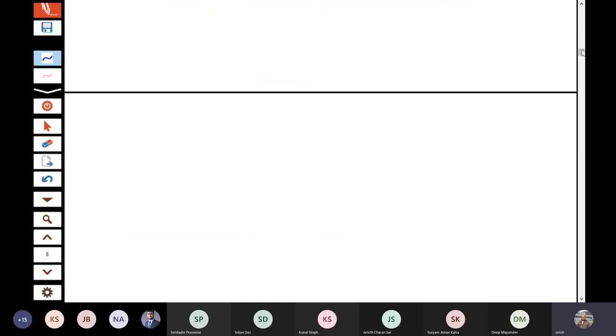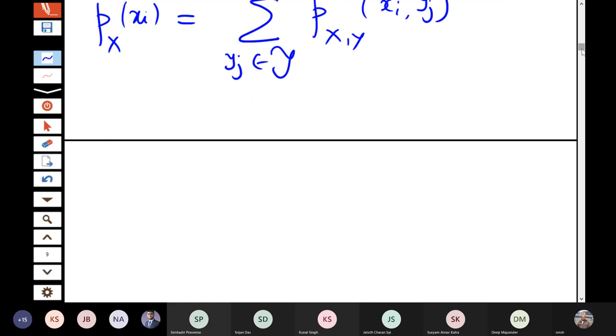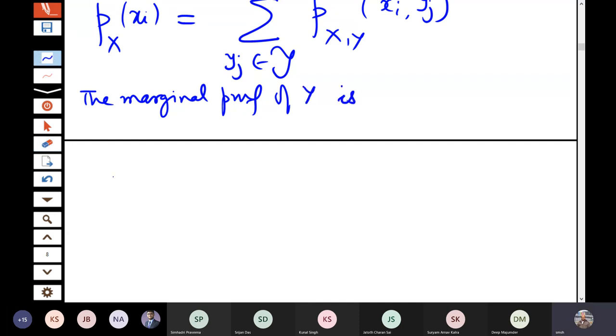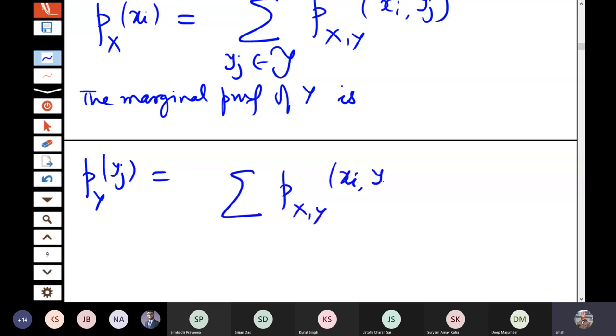Similarly, the marginal PMF of y, that is summation of P_XY(x_i, y_j), x_i belonging to X.